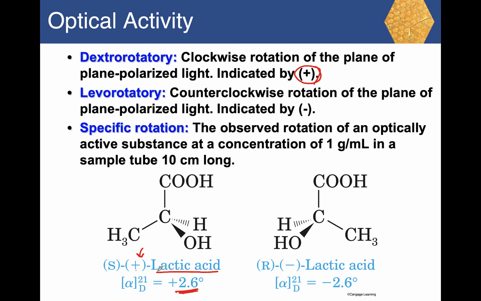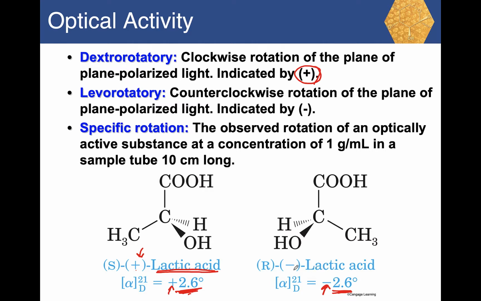So here's lactic acid, and it rotates the plane of polarized light by plus 2.6, so that's why it's assigned a positive. Here is its enantiomer. It will rotate the plane of polarized light by the same number, but in the counterclockwise direction, so it is assigned a negative.